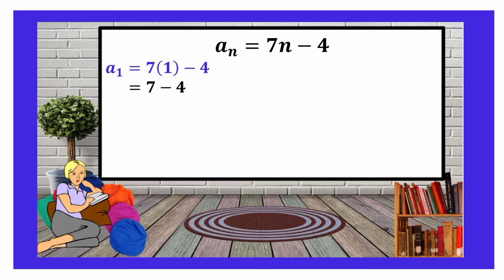So, the first term of the sequence is 3. If n is equal to 2, then we have the second term, 7 times 2 minus 4. And 7 times 2 is 14 minus 4, which gives us 10. So, 10 is our second term.